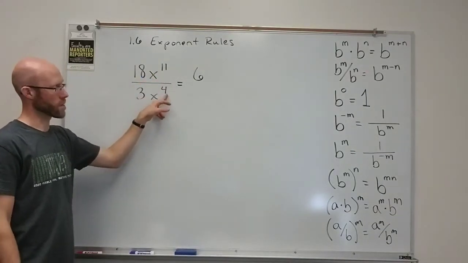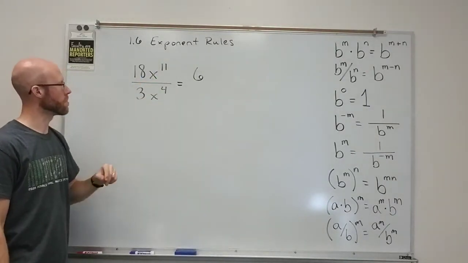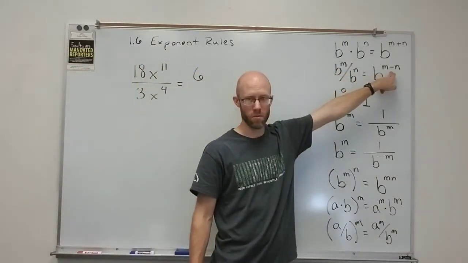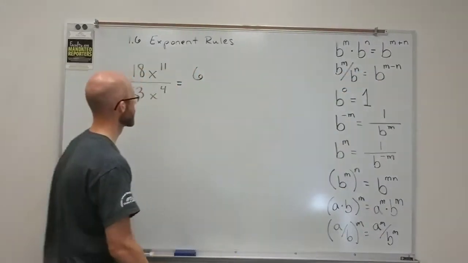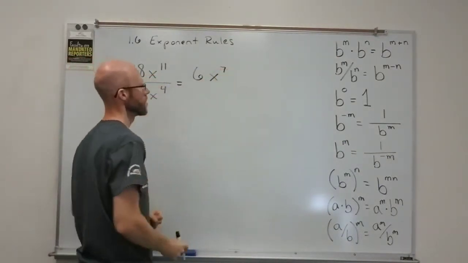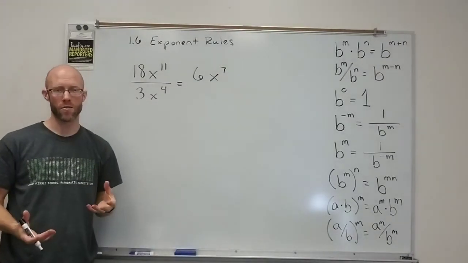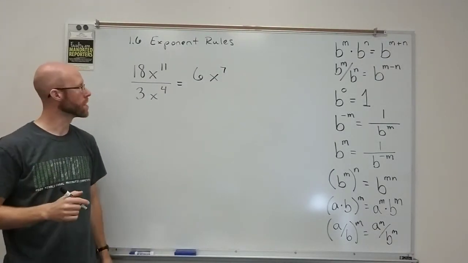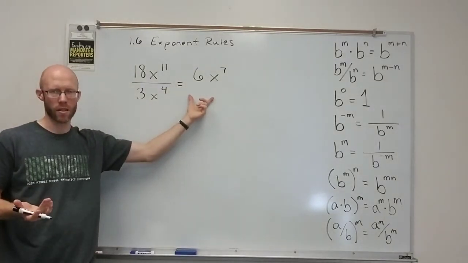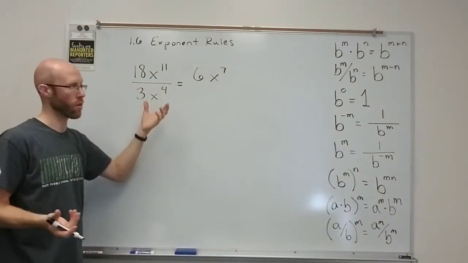X to the 11th over x to the 4th, well, 11 minus 4, so we subtract those because the quotient rule tells us to, right? And so I end up with x to the 7th, and of course that's positive, so I'm going to leave it on the top. On the bottom, well, the bottom really ends up being 1 because everything is gone from the bottom, right?